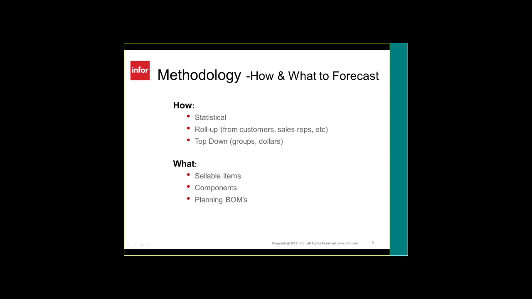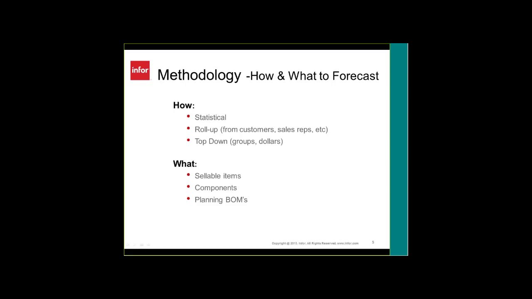It's more of a top-down, and that's for companies where the forecasting process is usually more driven by sales, marketing, upper management, where you're working with groups of products and dollarized sales plans, and then those plans need to be disaggregated down into an item-level material forecast. Now, you can pick and choose and combine these different methods, by the way. You don't have to stick with just one.